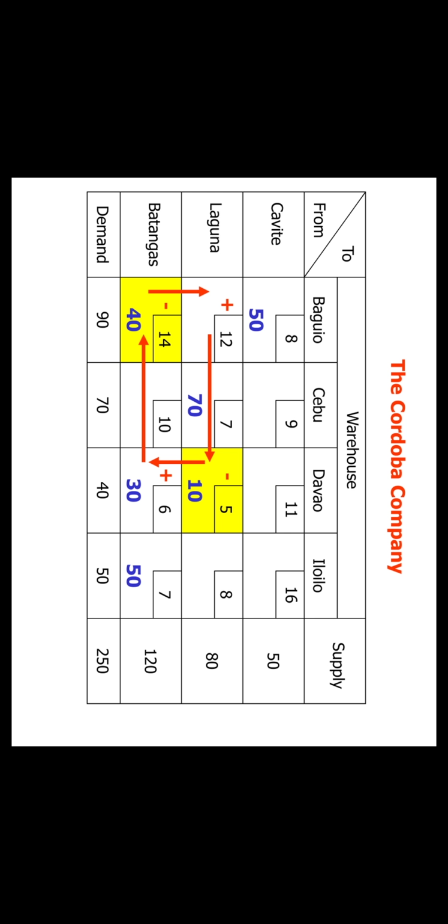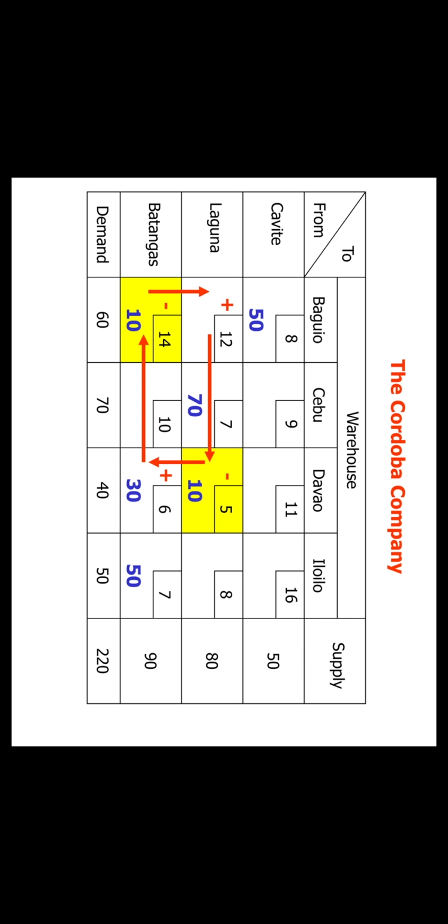What if those cells in your closed path where you have the negative symbols both contain the same number of supply units? Then, by process, in the next tableau, the unused cell with the cost of 12 would have a value of 10. The used cell with the cost of 14 would be blank.